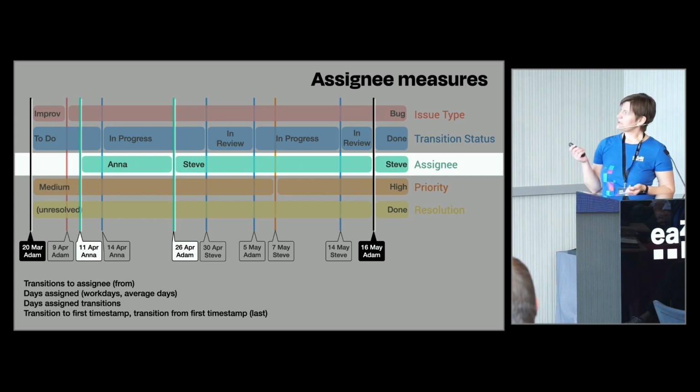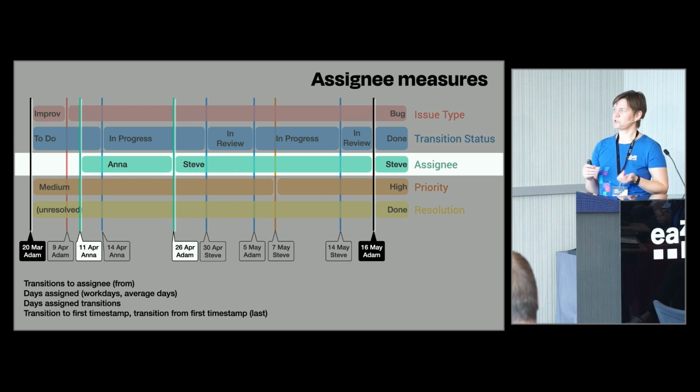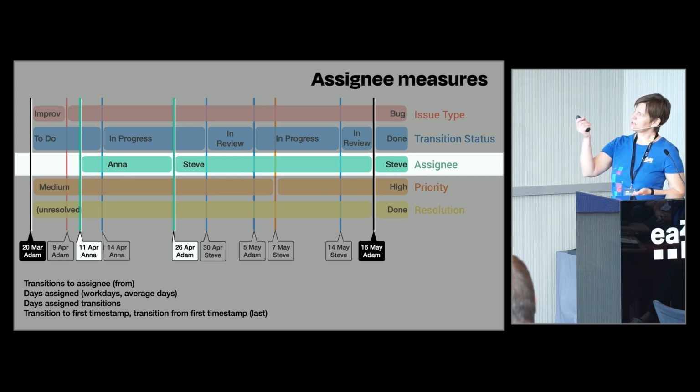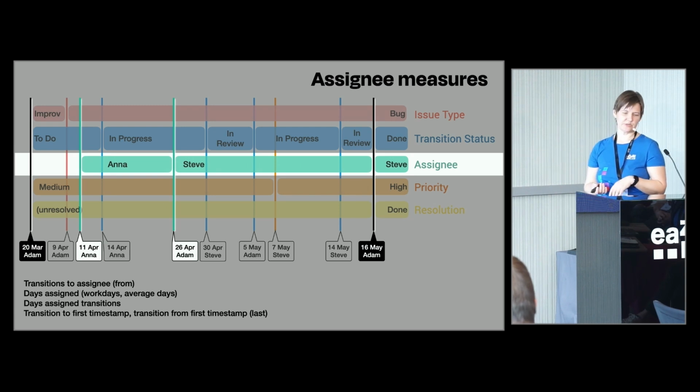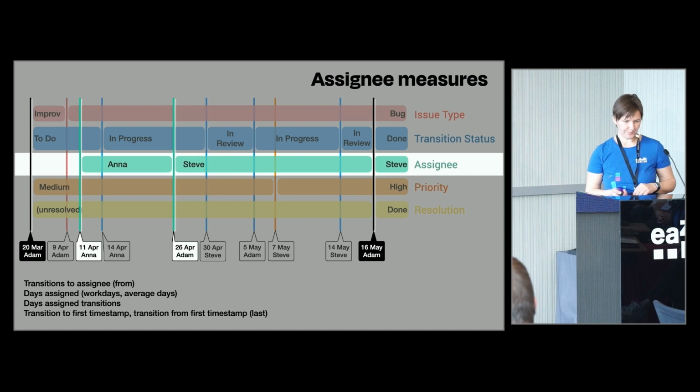In a similar manner, there are measures which focus on assignees: transitions to assignee, days assigned, and work days assigned, and similar. Those look at assignee values, calculate all the time the issue was assigned to a specific person, and at the end, link to time dimension and all other dimension values.